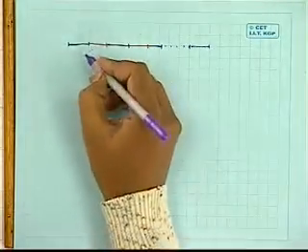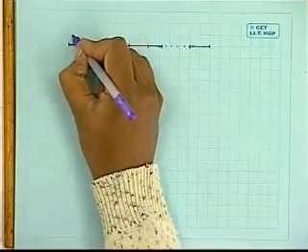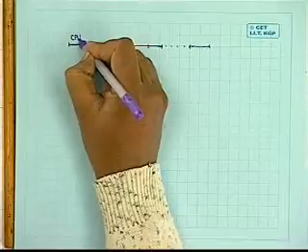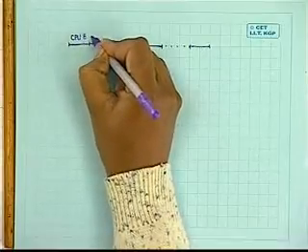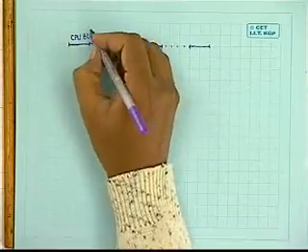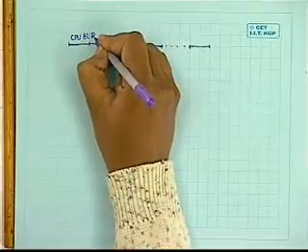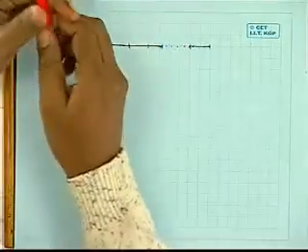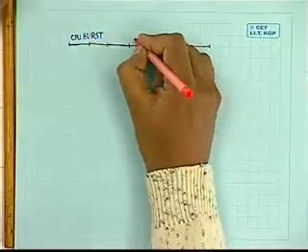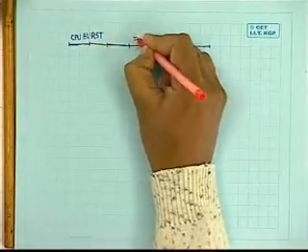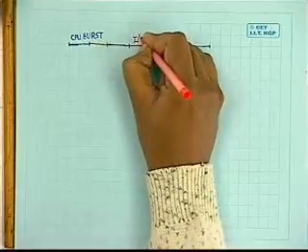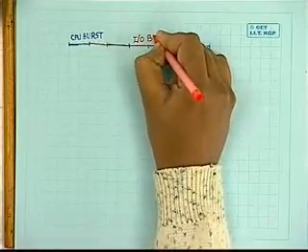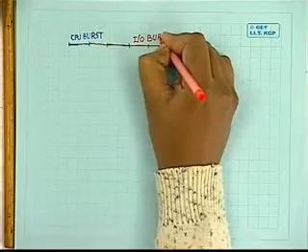So all these green intervals, let us call them CPU bursts. And all the red intervals, let us call them I/O bursts, because this is the time during which the program is performing some I/O operation.